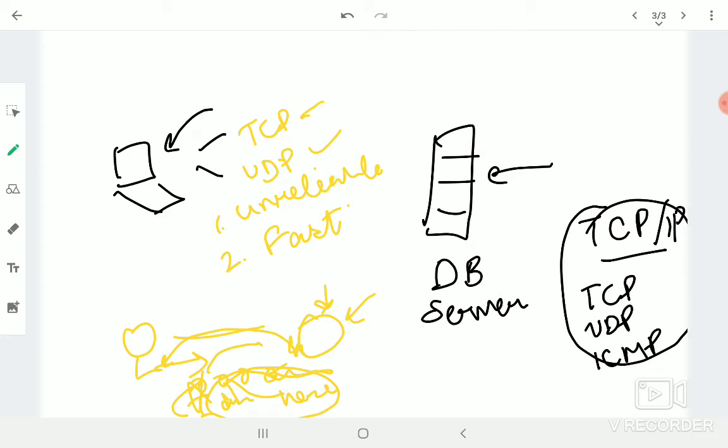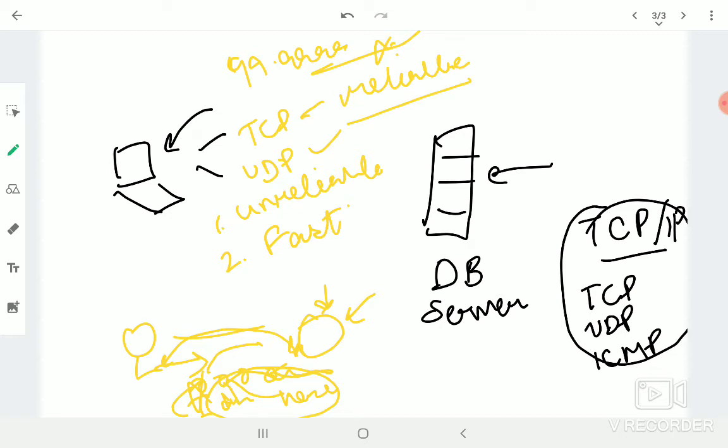Now TCP is actually the major protocol that is used. I think 99.9999% of applications use TCP as their primary mode of communication, or the protocol that they use. It is a reliable protocol. What do we mean by reliable?